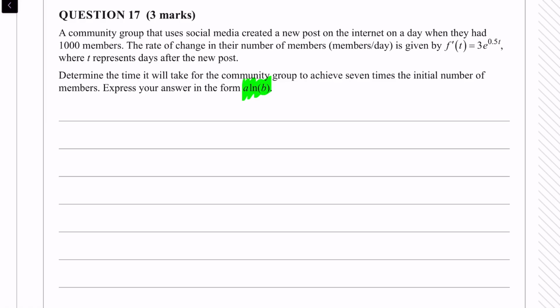So what I do know is that when t is equal to 0, my f of t, or I guess f of 0, is equal to 1,000 members, because when the new post was created, that is t equals 0 days after the new post.